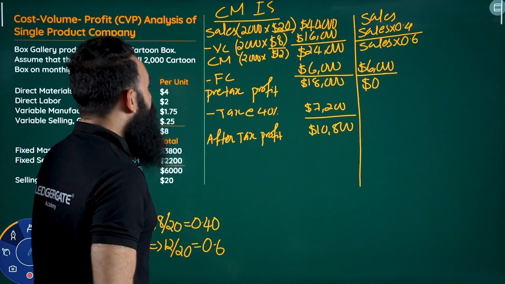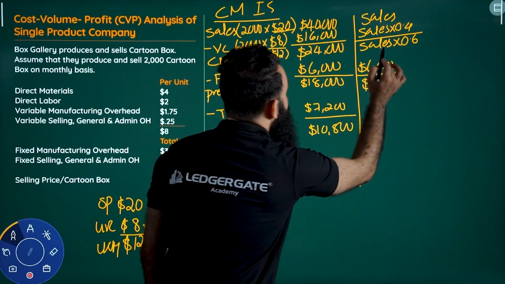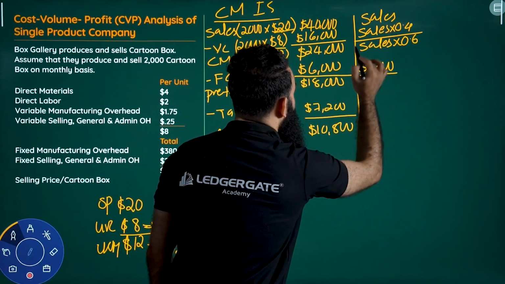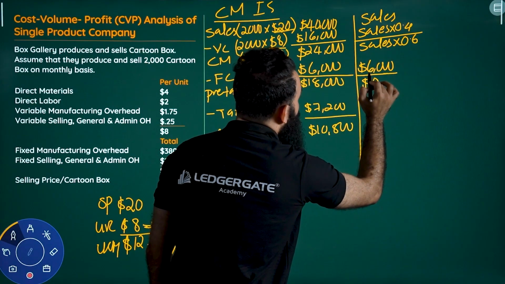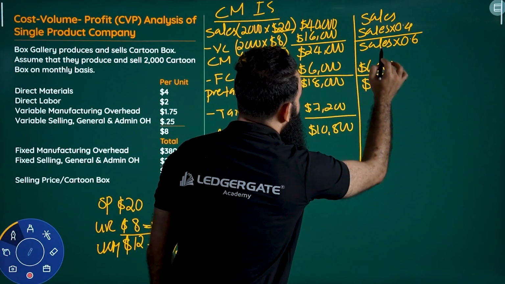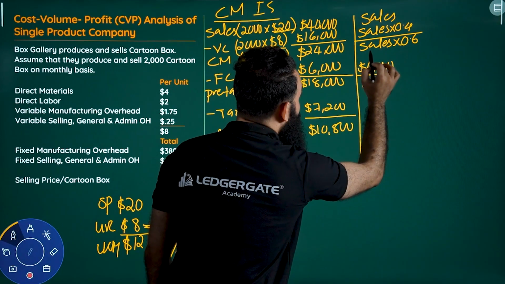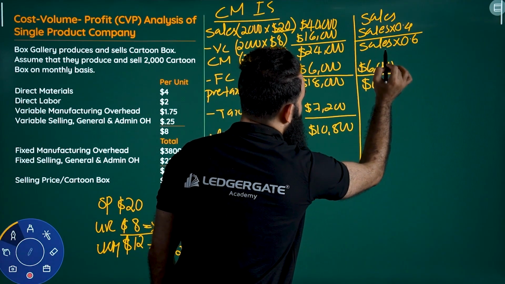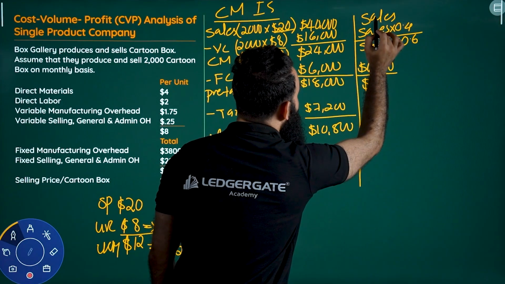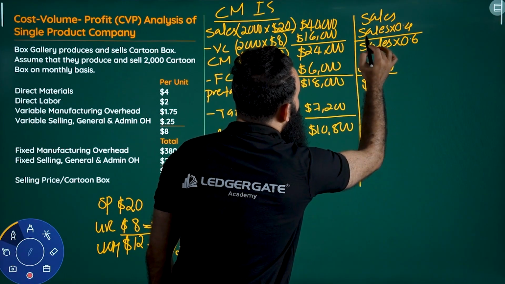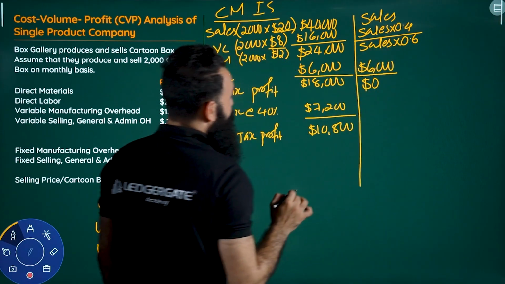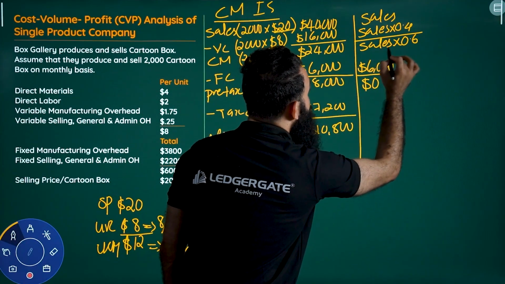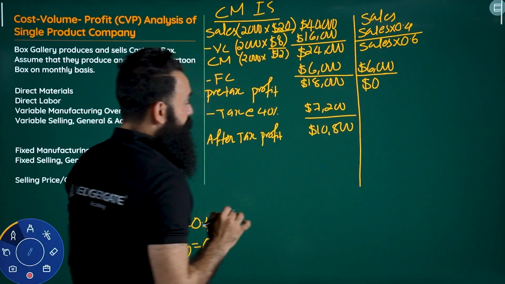So now see, this is our contribution margin. This is our fixed cost. When we deduct, in order to arrive at here, sales minus variable cost, contribution margin. That means from one sales, we are deducting 0.4 sales. That means 0.6 sales. Otherwise, you would say sales into 0.6, right?